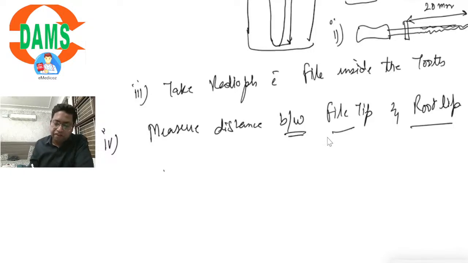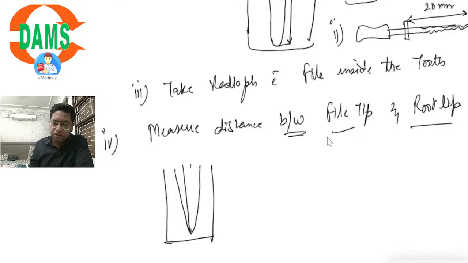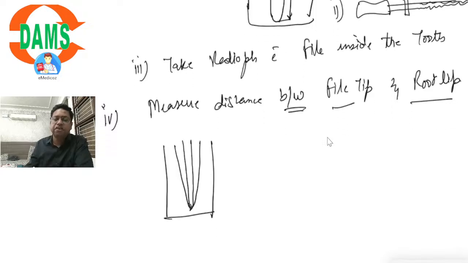Suppose in the radiograph that you have taken after inserting the file to the tentative working length, you get something like this. The tip of the file is bang at the root tip. Then what would be your final working length?